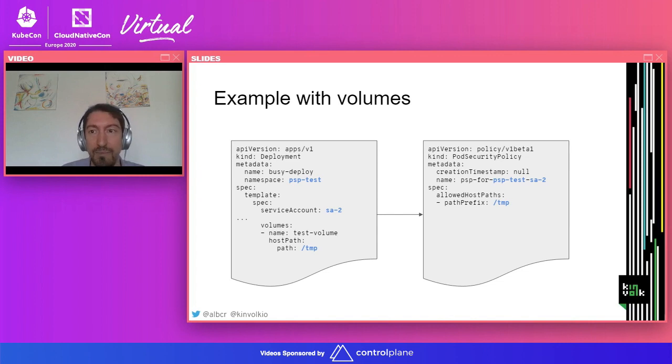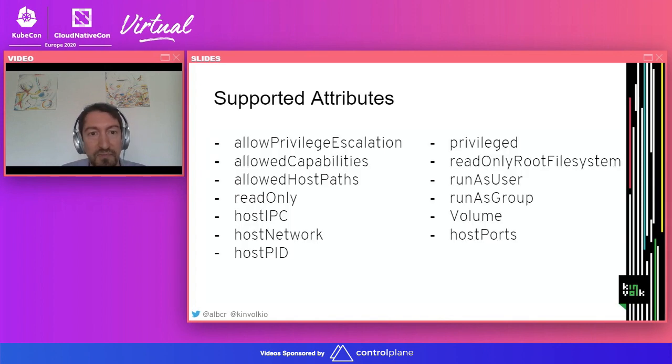So they cannot create any pod with privilege, for example, if they don't need to. So this tool supports different attributes from the pod security policies, like, for example, the privilege bit can be restricted if it is not needed, or access to the host network, and so on.